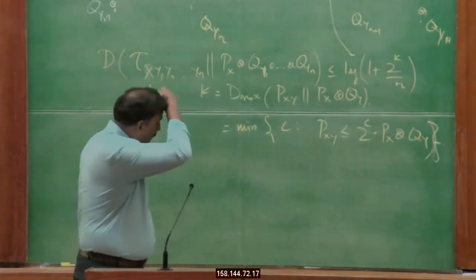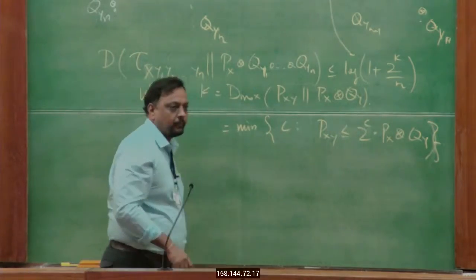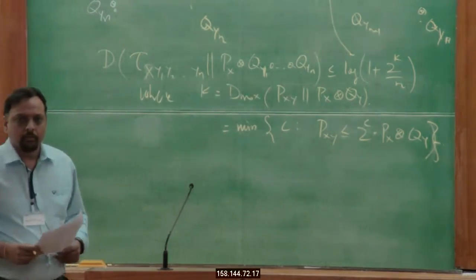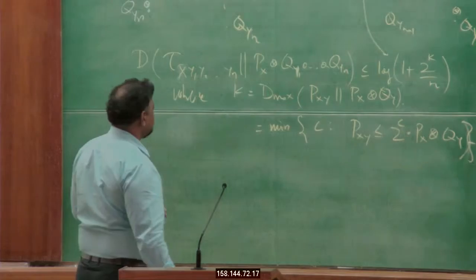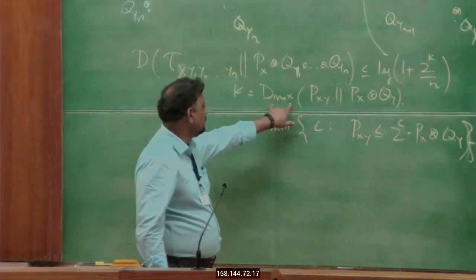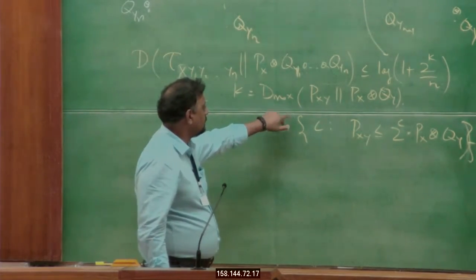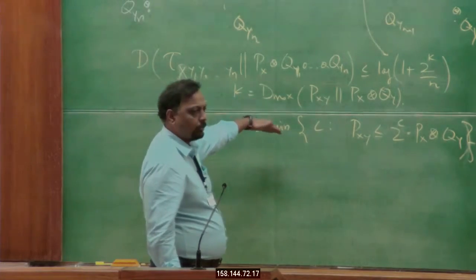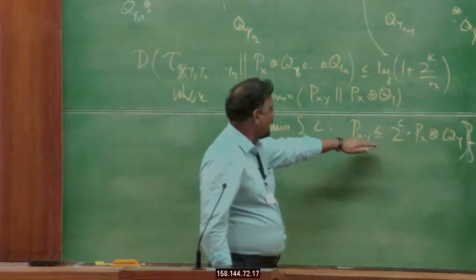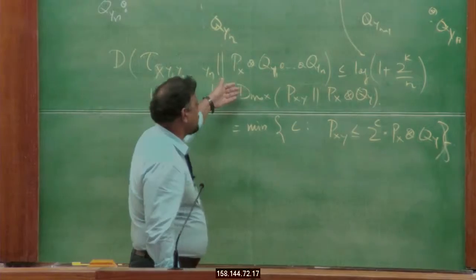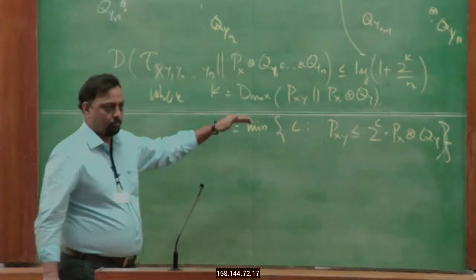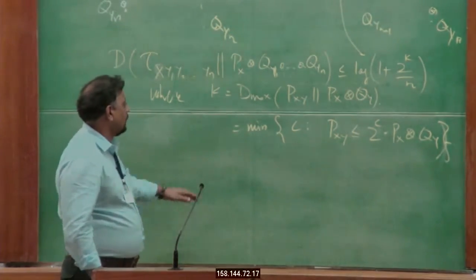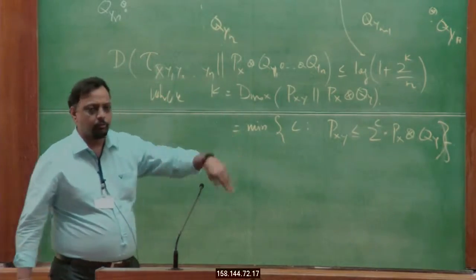Okay, so this is the max relative entropy, right? And asymptotically we know that Dmax epsilon converges to relative entropy.